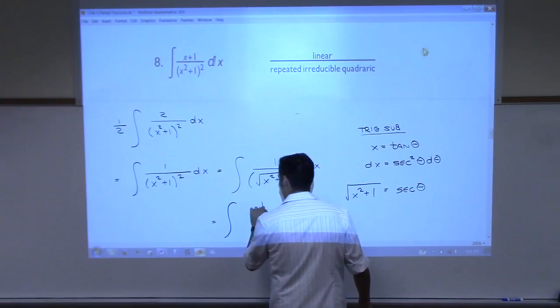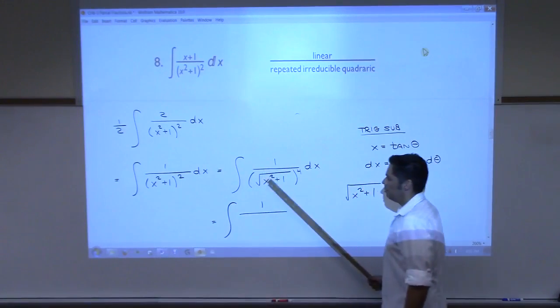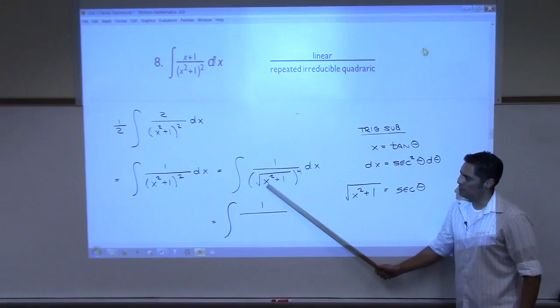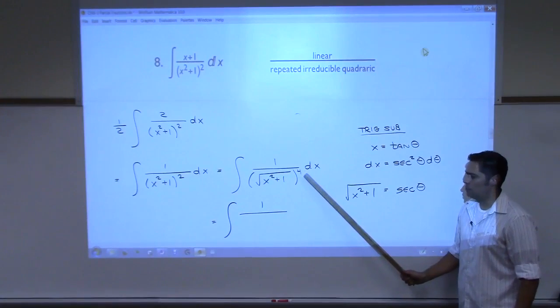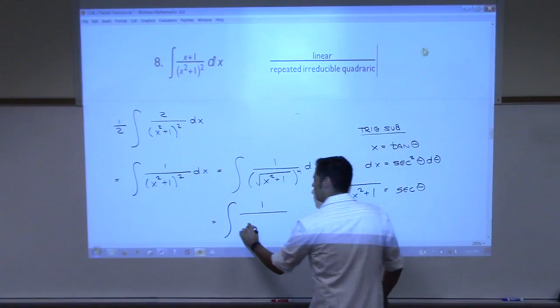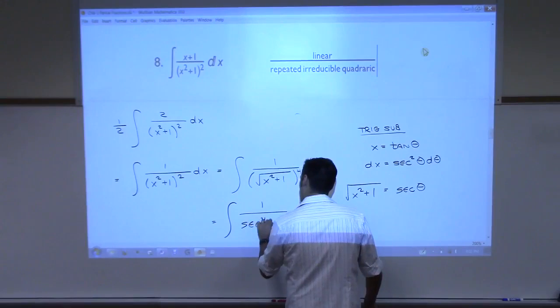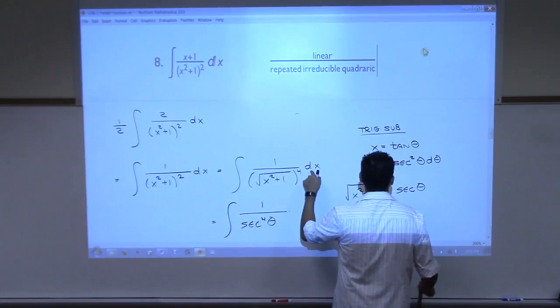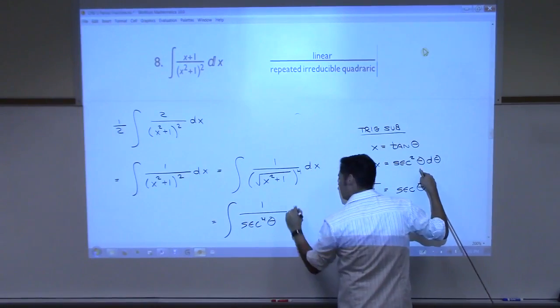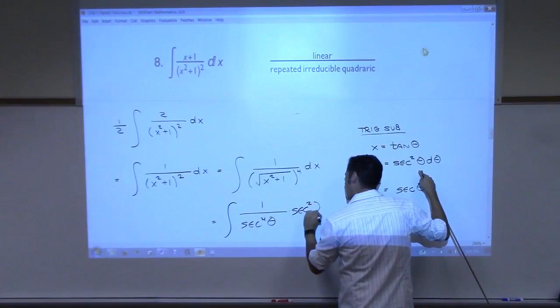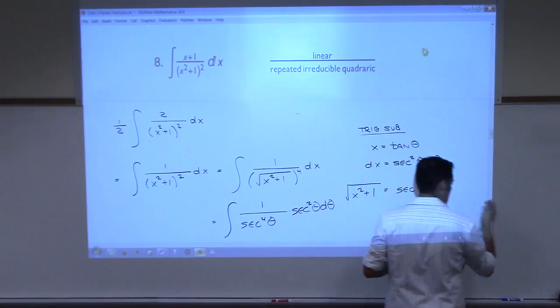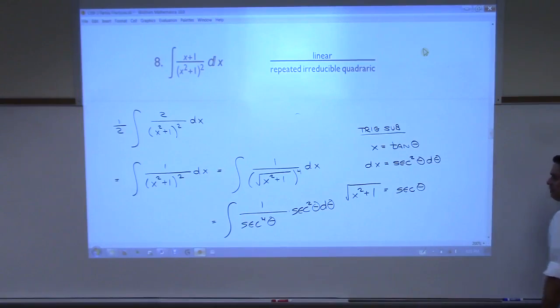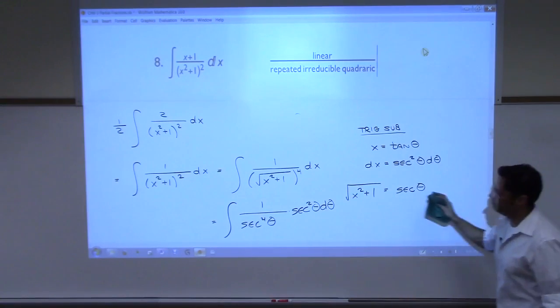Integral 1 over, yeah, this right here is secant, but then to the 4th, right? Secant to the 4th theta times dx. Don't forget, dx is secant squared theta d theta. You get 2 of the factors of secant to cancel.